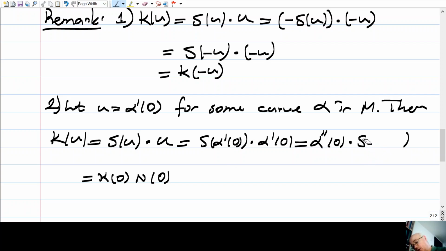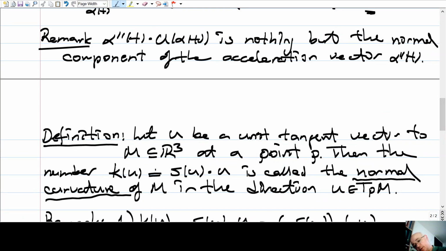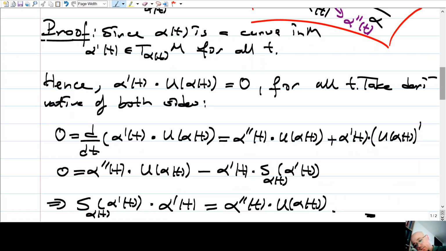Sorry, here I should have, this was the dot product with u of alpha 0. All right, and then this is u of alpha 0. Right here, the statement is this.